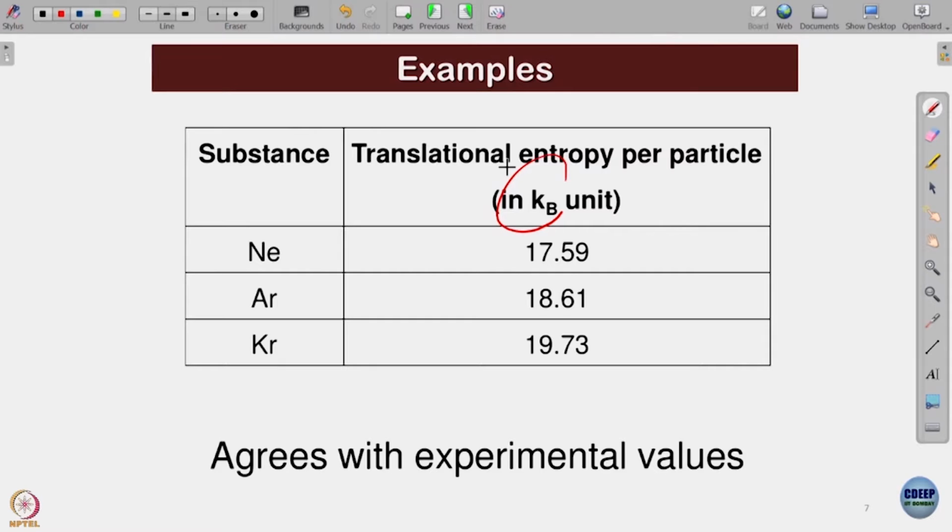Neon has the entropy this, and argon is this. So, they are pretty close to each other, and with whatever experimental values we have by integrating thermodynamic variables, they agree almost exactly with the experimental values.